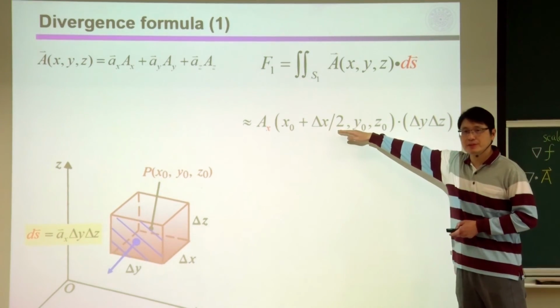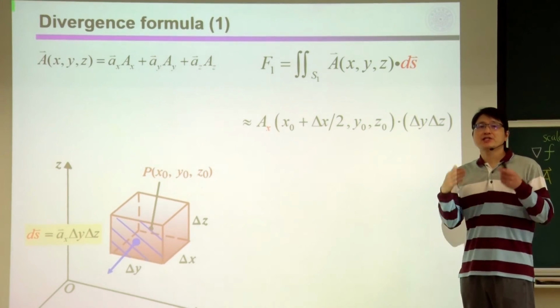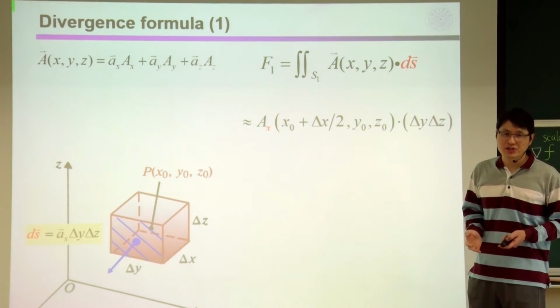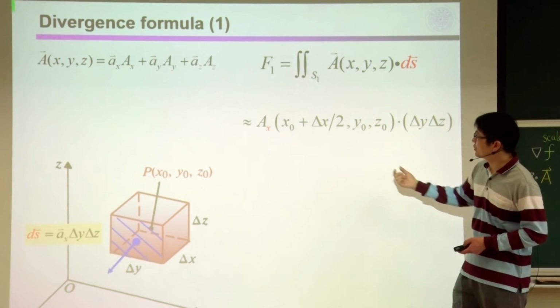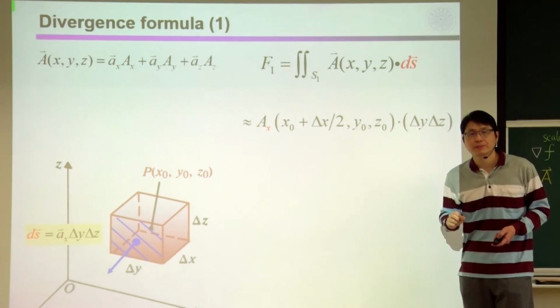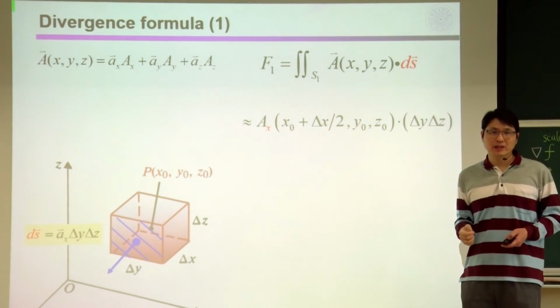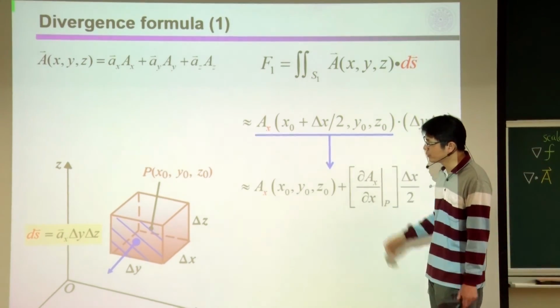So how to evaluate this? This is based on the understanding of Taylor's series. When delta x, delta y, delta z are very small, we can confidently use Taylor's expansion to the first order.